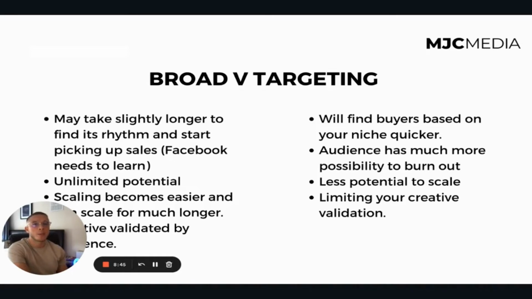There's less potential to scale. You can imagine if you have your broad audience with all the capabilities, you have the full conversion pool in there, so it can scale endlessly. But with your targeted audience, the conversion pool is only getting shown to, like, 40%. There are fewer possibilities to scale.